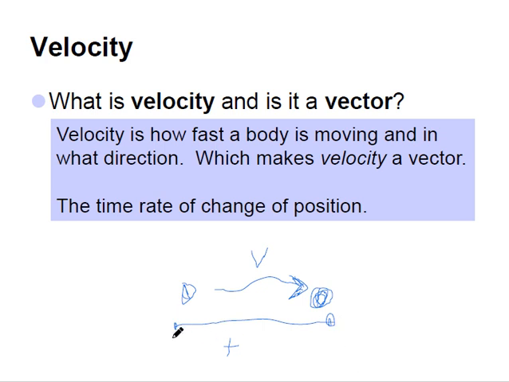Since we're studying in a coordinate system, the point is the location, which is the position in that space. From position 1, the body has moved to position 2, in that direction.